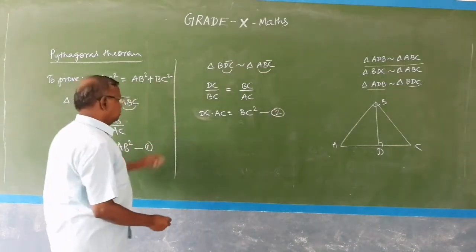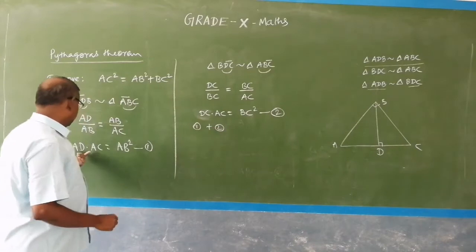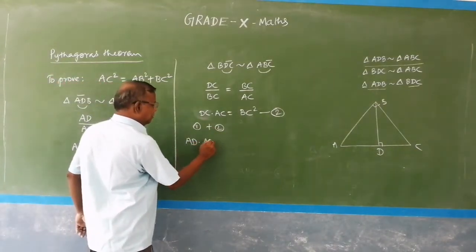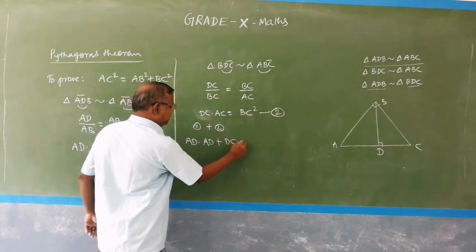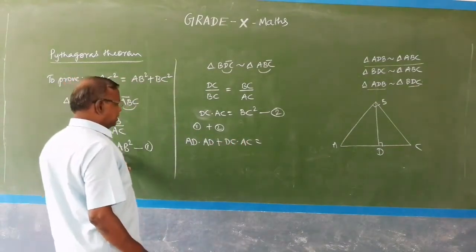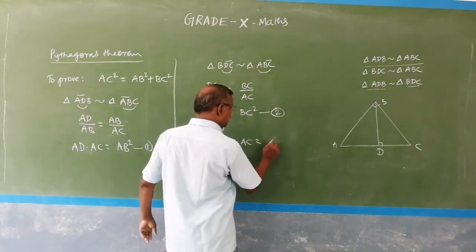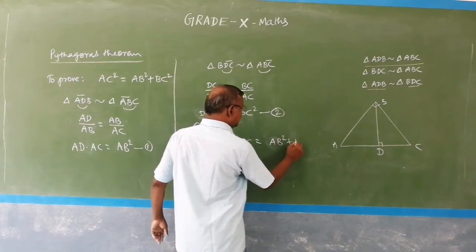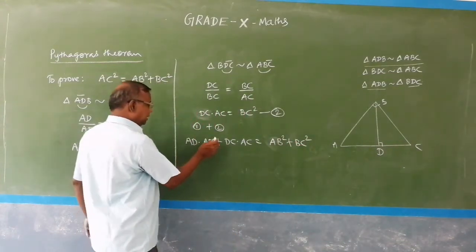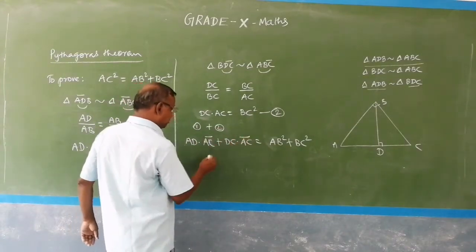Now, adding 1 plus 2, we have in the LHS AD into AC plus DC into AC, equal to AB square plus BC square on the RHS.